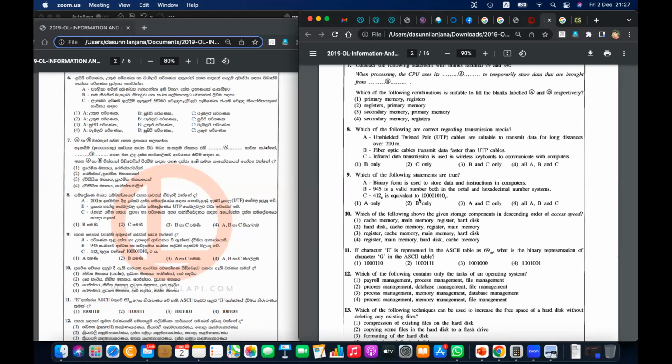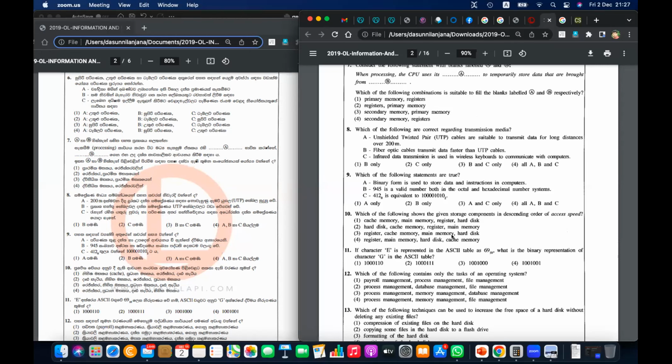High speed. The first one at the top is registers, then the cache memory, then the main memory, then the hard disk. Registers at the top, fast, small cells, then the cache memory, then main memory. This is like your teeth, this is like your mouth, this is like your plate, and this is like your bread.